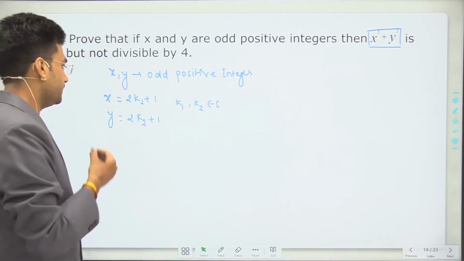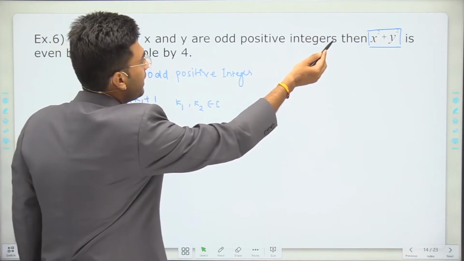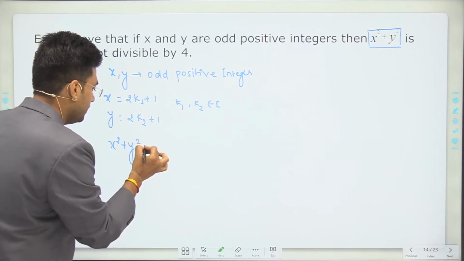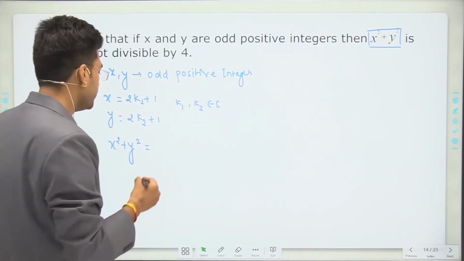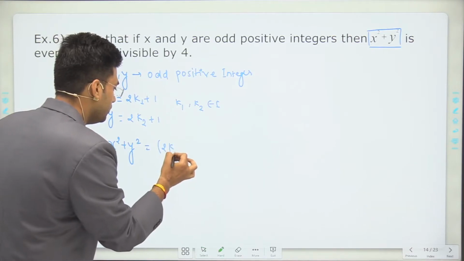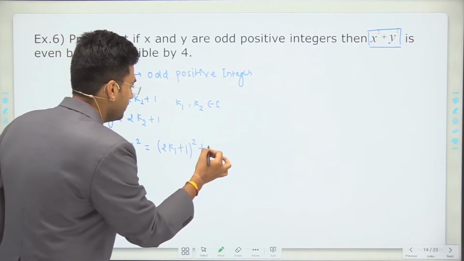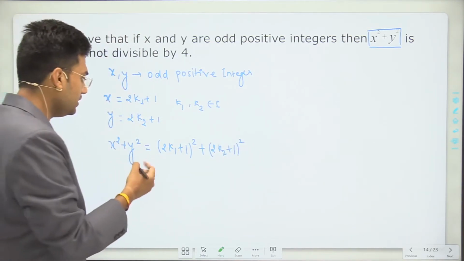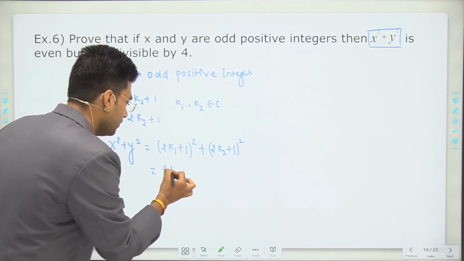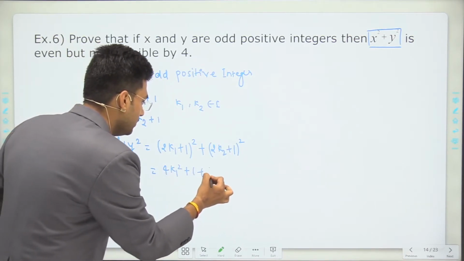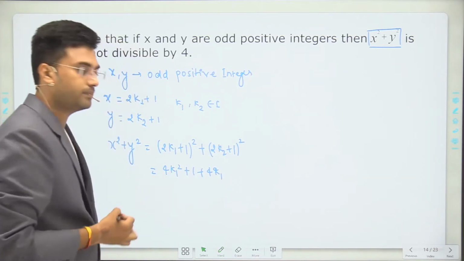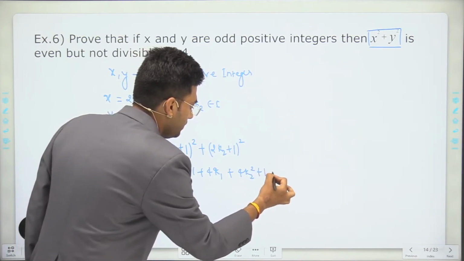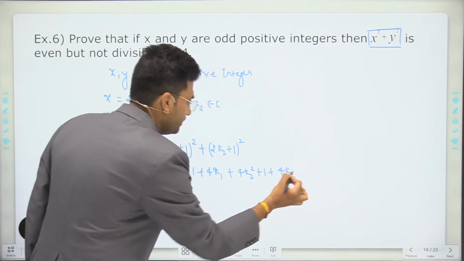Okay, now we have to show that x square plus y square. Let's solve the value of x square plus y square. It is nothing but (2k1 plus 1) whole square plus (2k2 plus 1) whole square. When we solve this, we will get 4k1 square plus 1 plus 4k1 plus 4k2 square plus 1 plus 4k2.